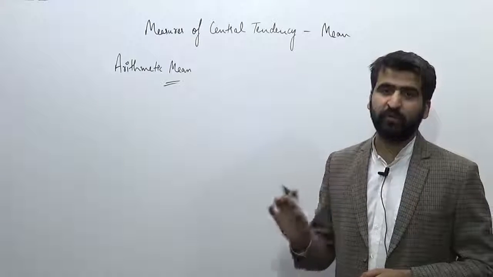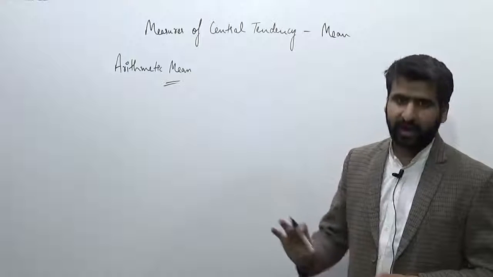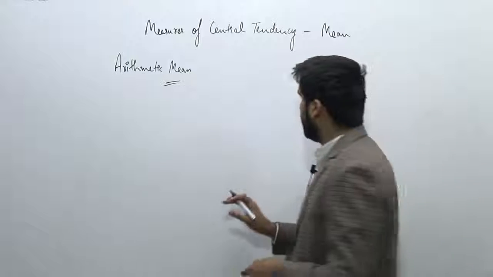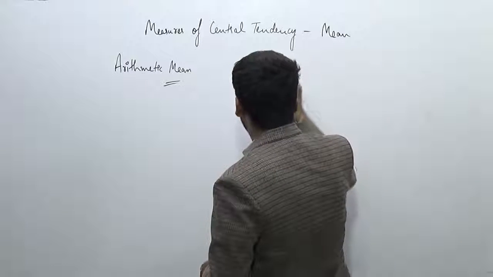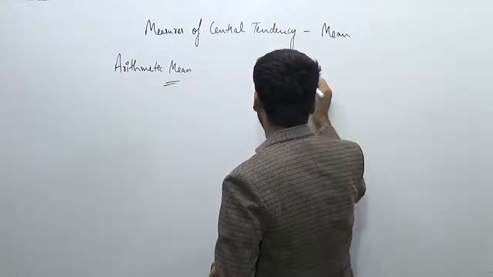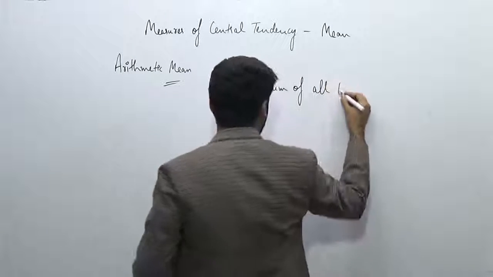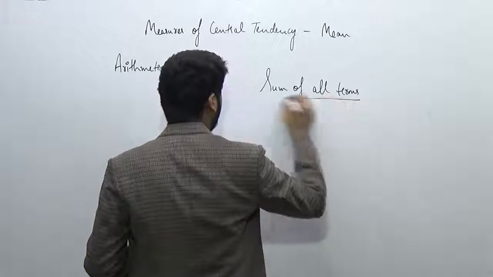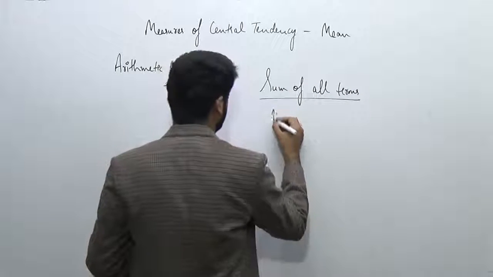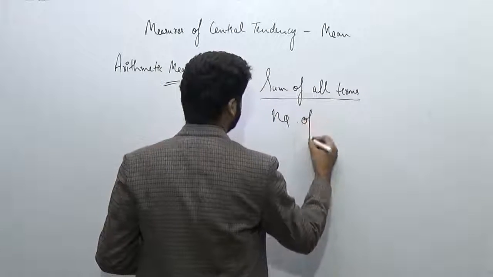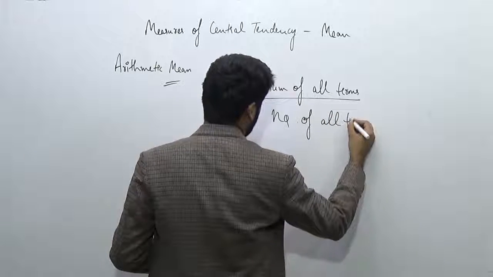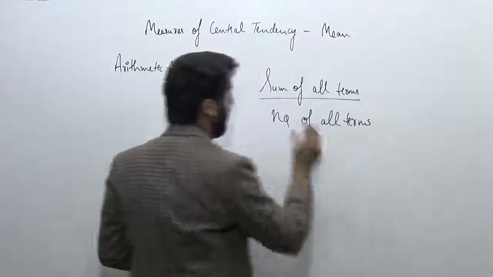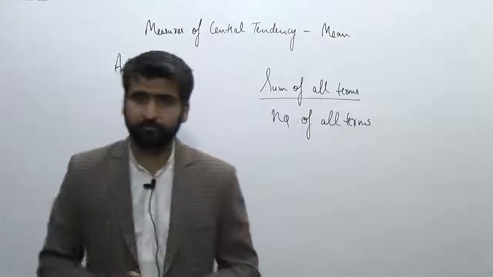Now what do I mean by the weighted average, or let's say the average only? We mean that when we take the sum of all the observations, the sum of all the terms, and take the ratio of the sum of all these terms with the number of terms, then we will get the average of this whole data.